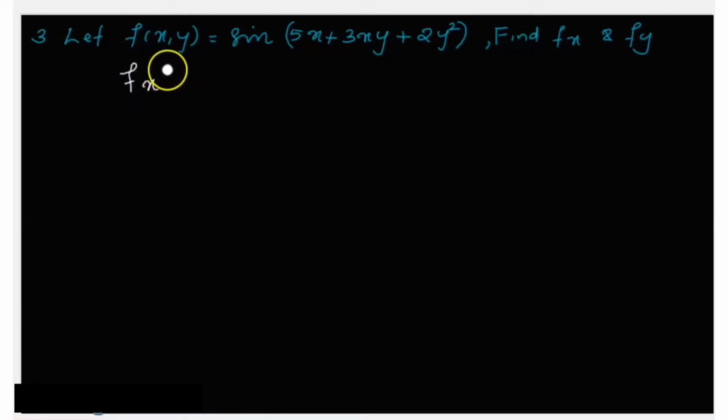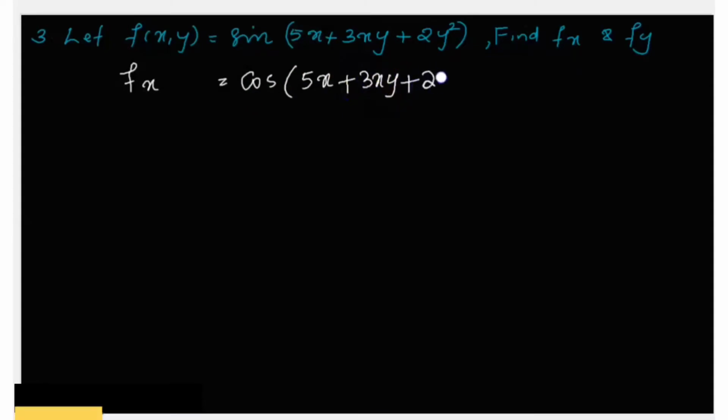If you want, you can write fx(x,y) is equal to the derivative of sine, it is cosine, cos of the angle 5x + 3xy + 2y², into the derivative of this with respect to x.